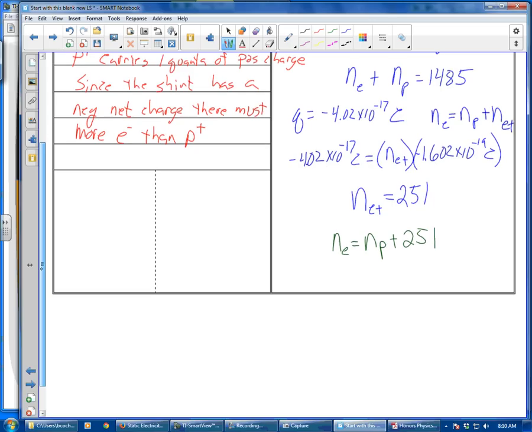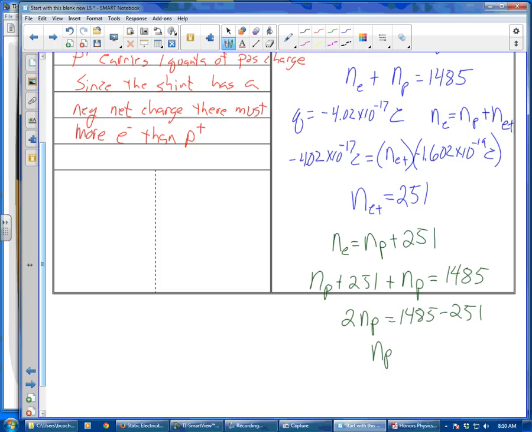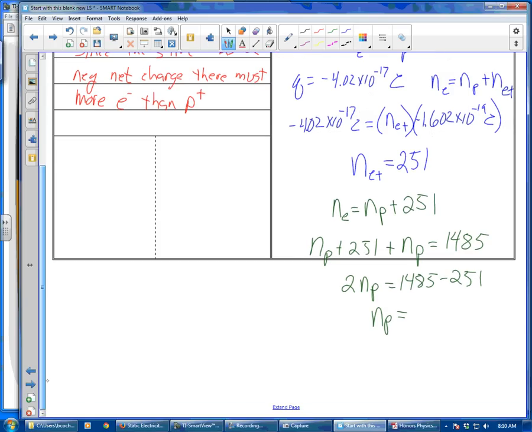And now I can use that first fact that they gave me and substitute in for the number of electrons: the number of protons plus 251, plus the number of protons, for me equals 1485. So I get 2 times the number of protons equals 1485 minus 251.